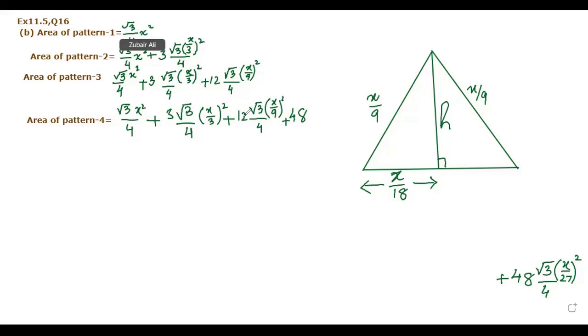So 3 times 4 will be 12, 12 times 4 will be 48 for the pattern 4. So 48 upon 4 and x upon 27. So this is how we have shown the area of each pattern.